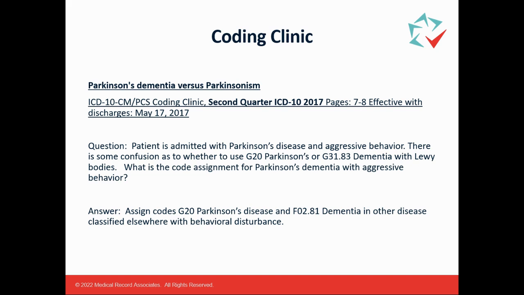What is the code assignment for Parkinson's dementia with aggressive behavior? And the answer here is you assign code G20 Parkinson's disease and F02.81 dementia and other diseases classified elsewhere with behavioral disturbance.